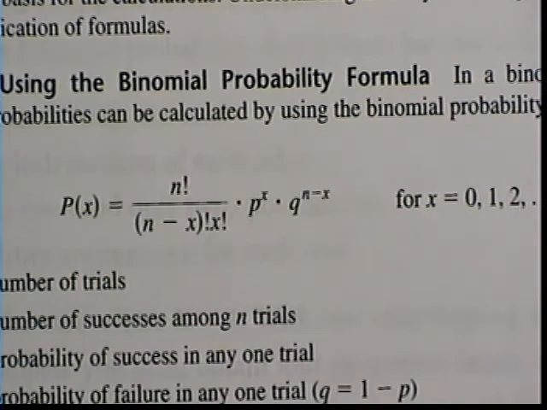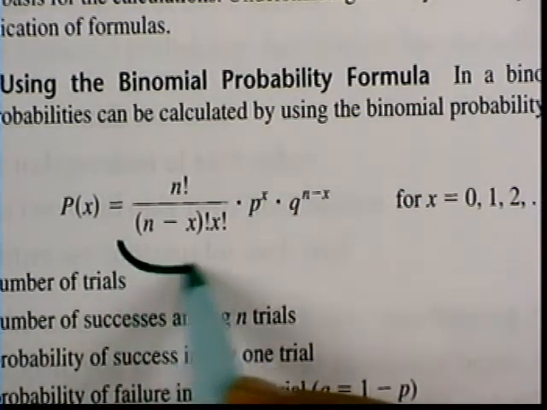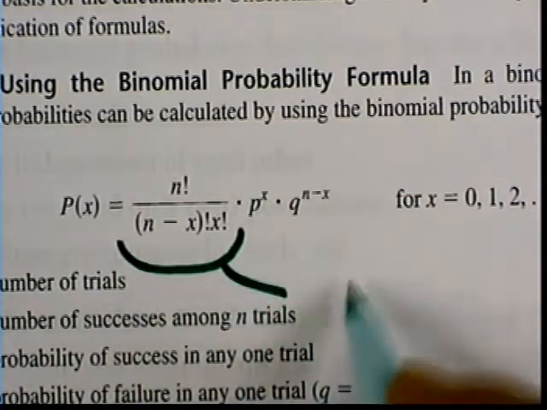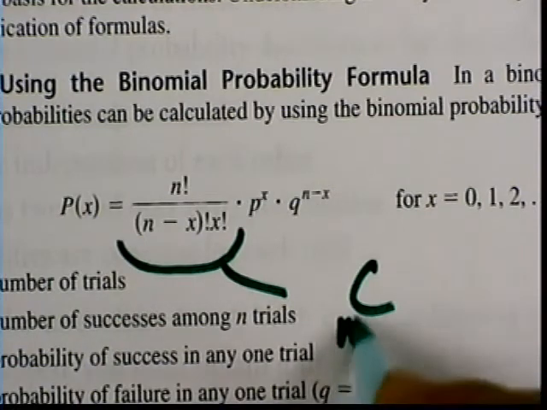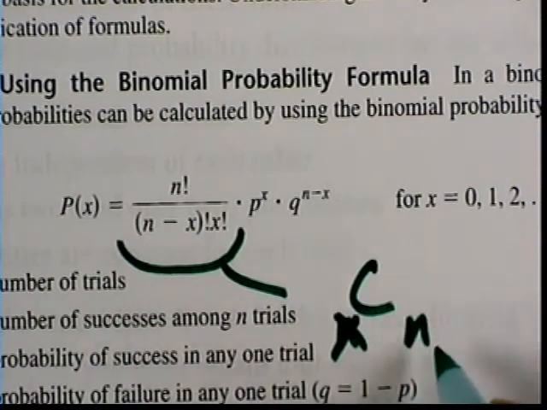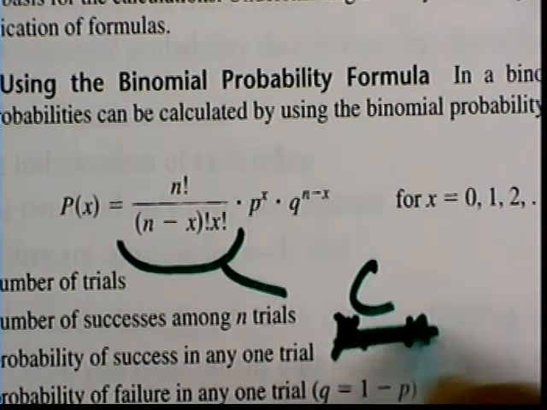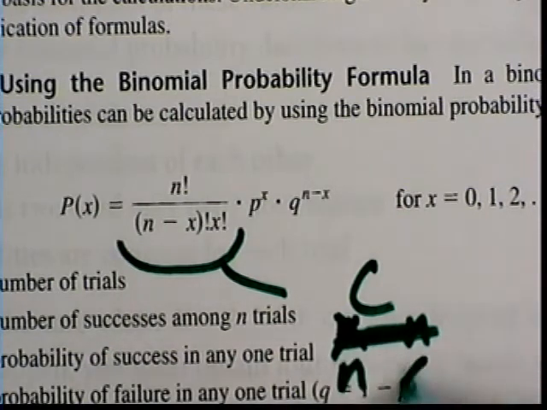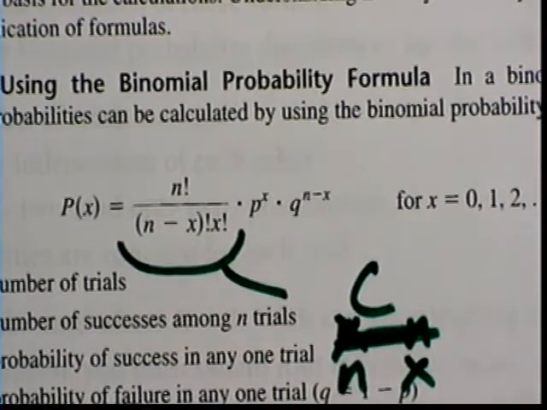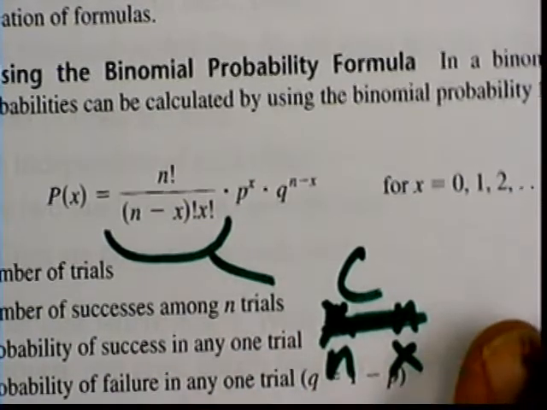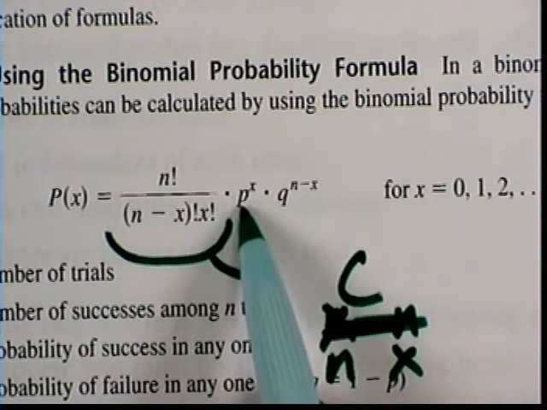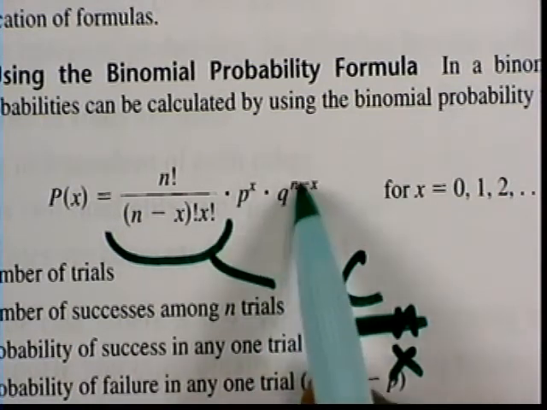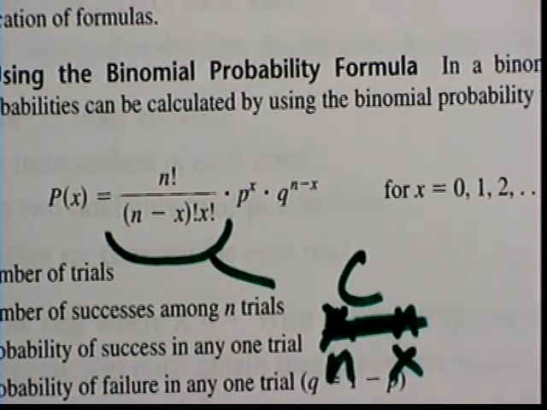And we're going to recognize this as being the combination of n taken x at a time. That's the same thing that we had earlier. And then times p raised to the x and q raised to the n minus x.